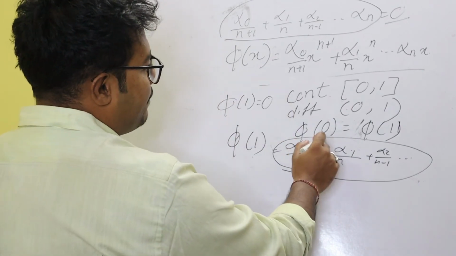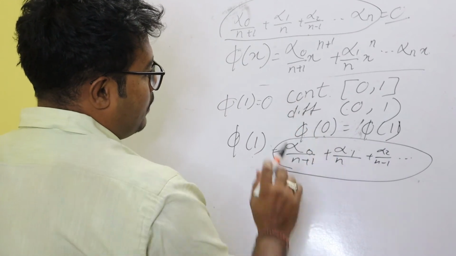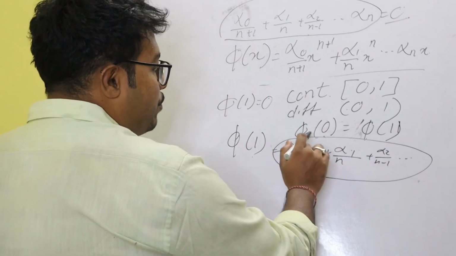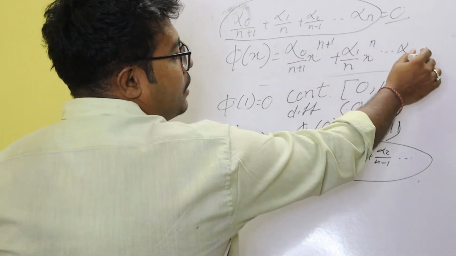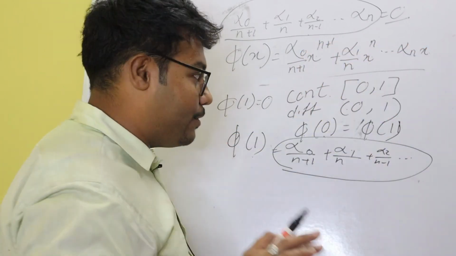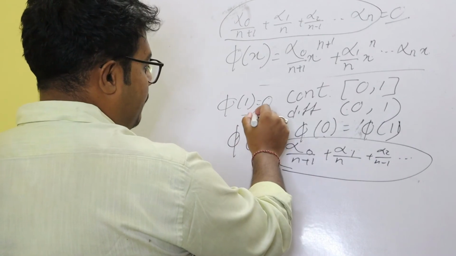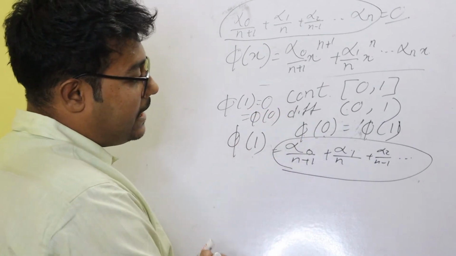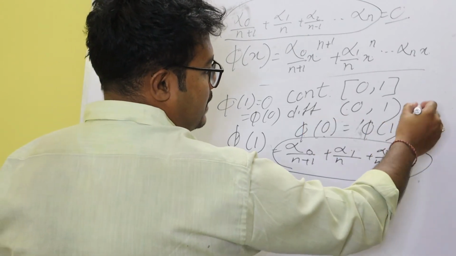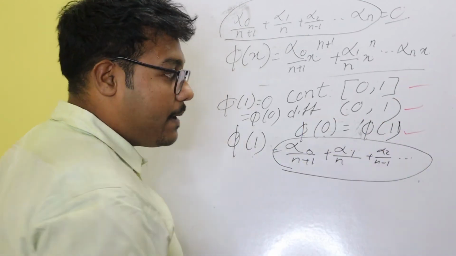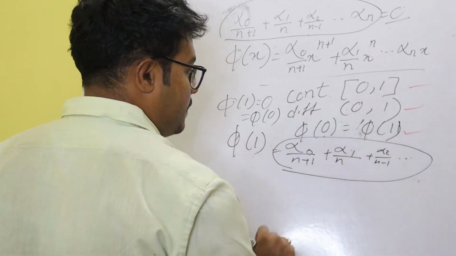Again, phi of 0, what does this mean? That we have to put 0 in place of x. So if we put 0 everywhere, the whole thing will be 0. So this one is equal to phi of 0. So the third condition of Rolle's theorem is also satisfied, and thus all three conditions are satisfied.